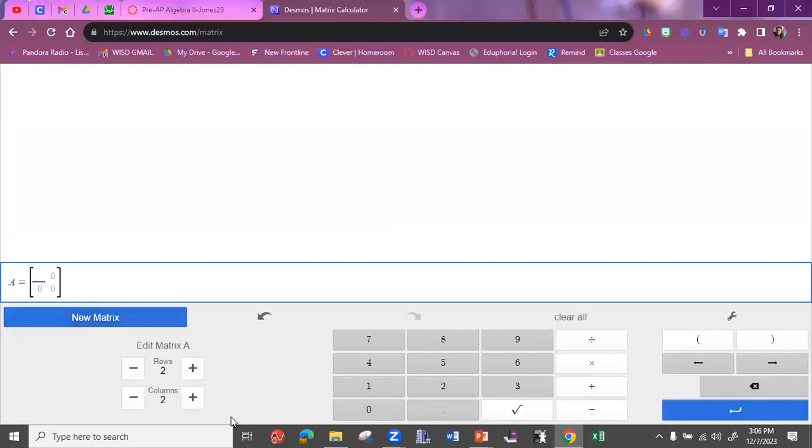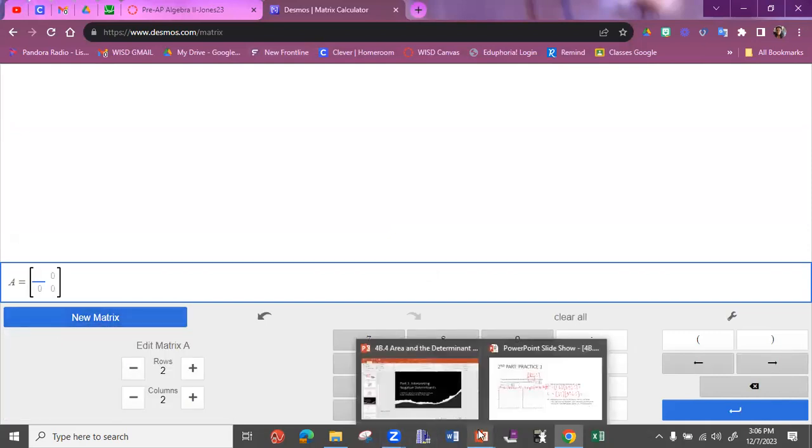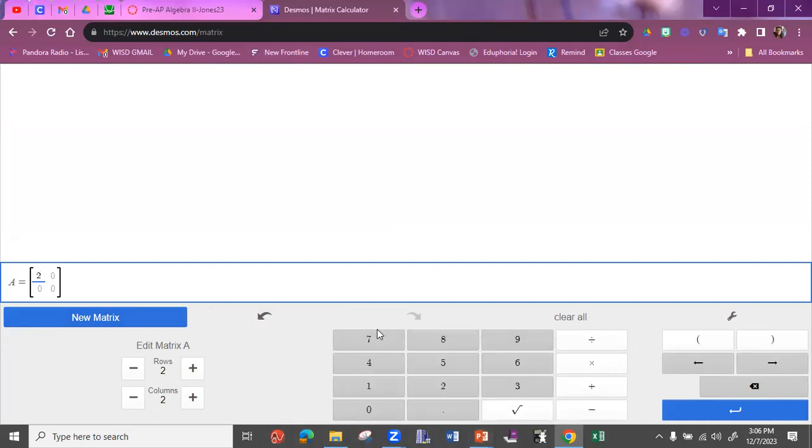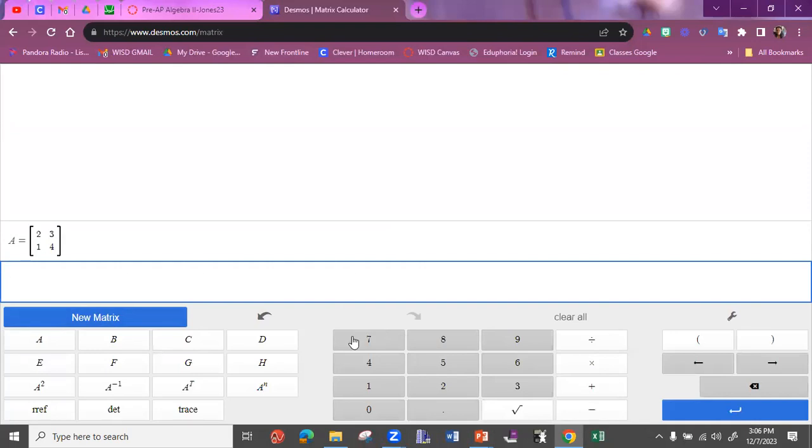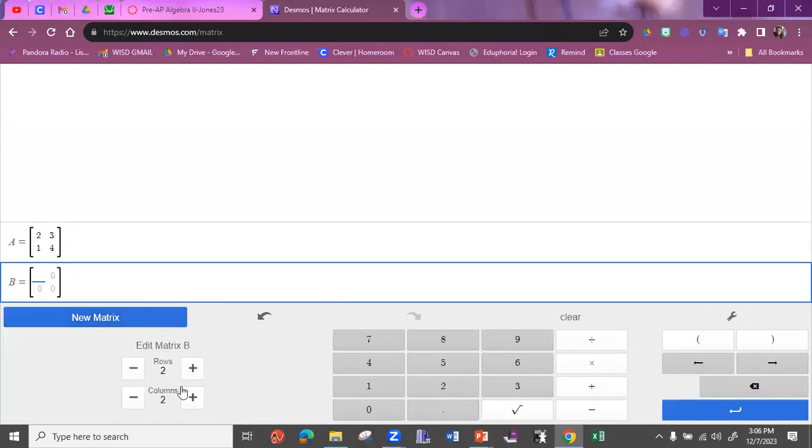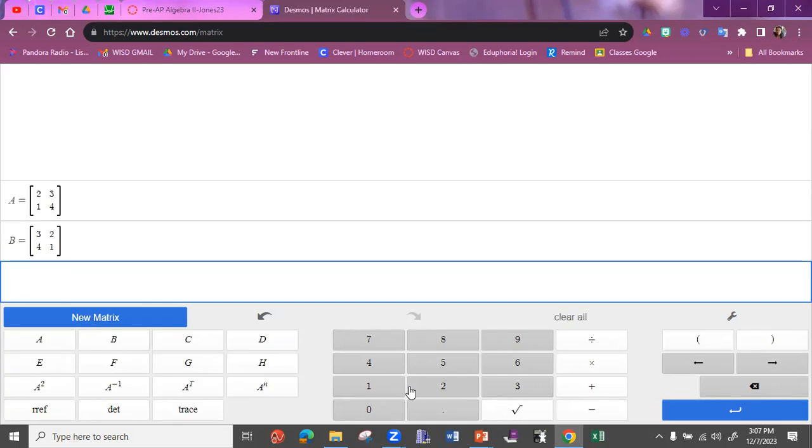My first new matrix is going to be the transformation for T, and that's going to be 2, 3, 1, 4. And I'm going to put in B, which is going to be the transformation for L. And that's going to be 3, 2, 4, 1.